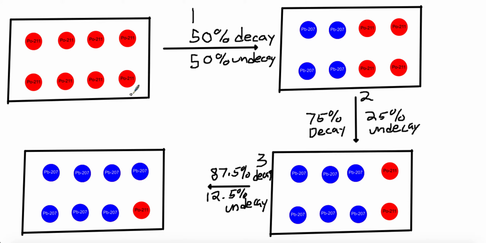So the half-life is just the amount of time it took for half of these radioactive atoms to decay, and it'll just keep repeating over and over again. So here we started off with 8 radioactive atoms, then we were down to 4, and then 2, and then 1. We knew the time it took for each one of these decays, we would call that time the half-life.